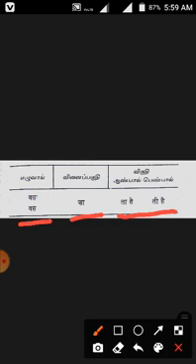To identify the present tense, we should use some rules. When we write sentences in present tense, you should add ता है or ती है. ता है is for male, ती है is for female. What is meant by male and female? Male means boy, female means girl.